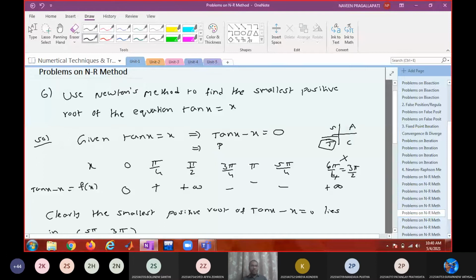This is in the form f of x equal to 0. All of you open your calculators. F of x is tan x minus x. So when f of x is tan x minus x, you substitute some values, pi by 4 up to pi by 2. Okay, set your angle in radians. All of you set your angle in radians and see what is the functional values when x is less than pi by 2.